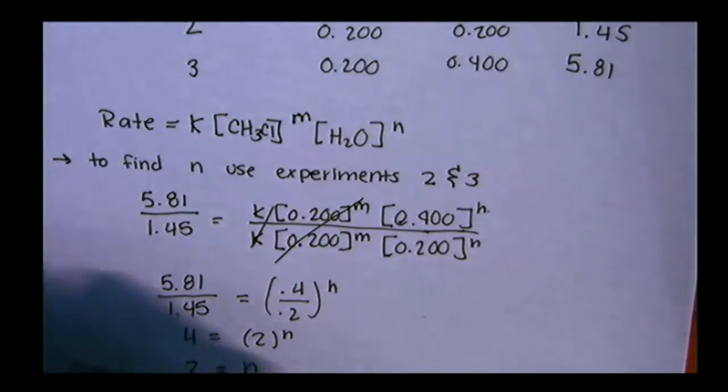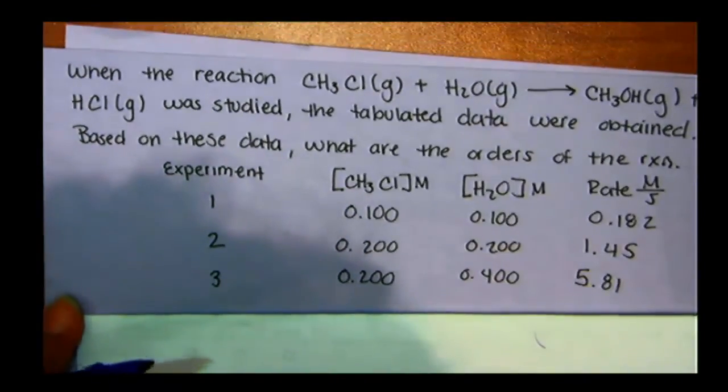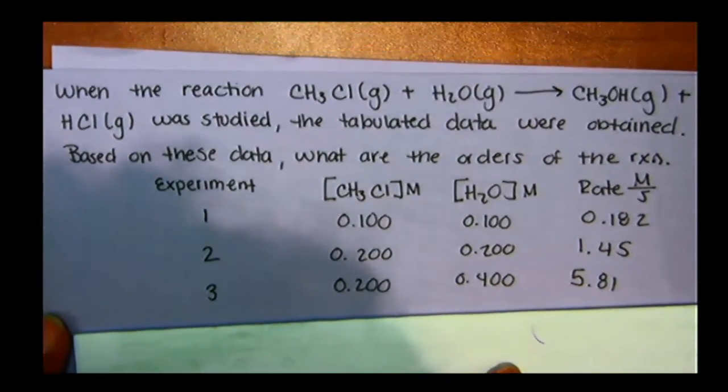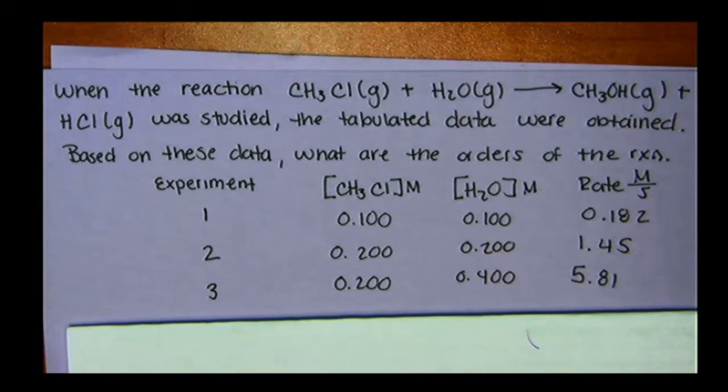All right, so when the reaction was studied, the tabulated data were obtained. Based on these data, what are the orders of the reaction? So the first thing you're going to do is write our overall rate law.